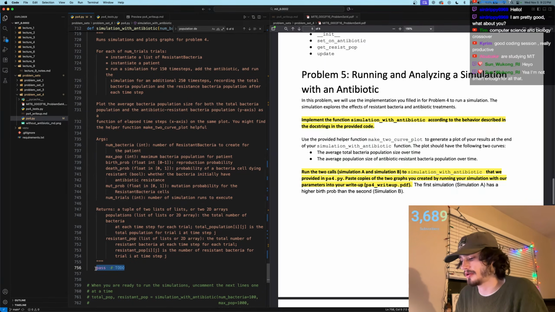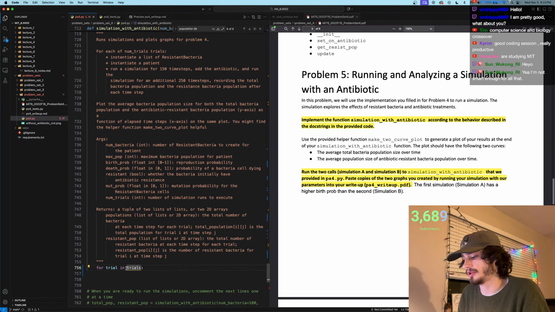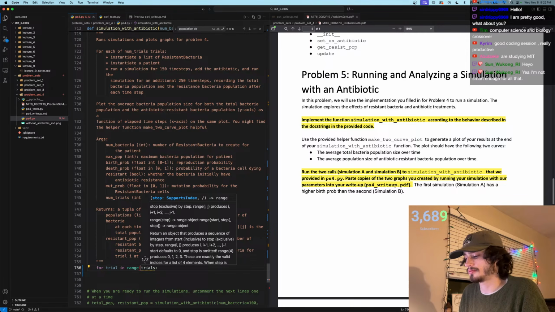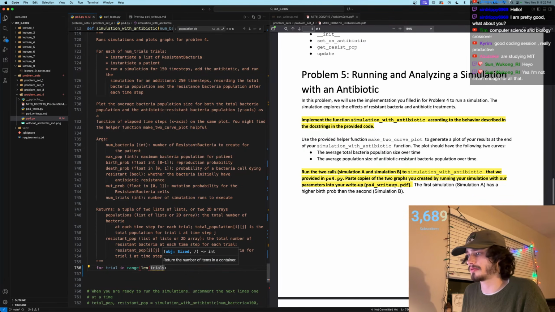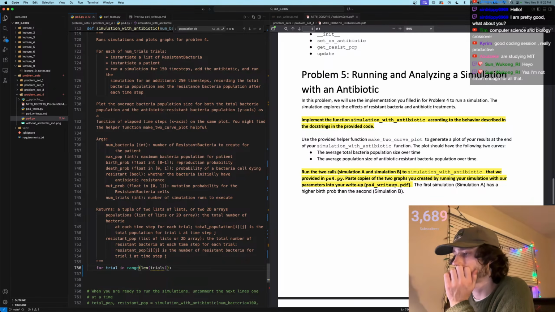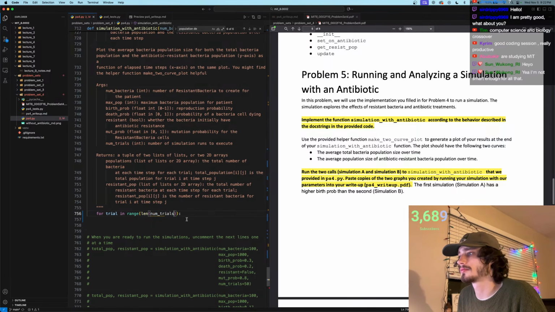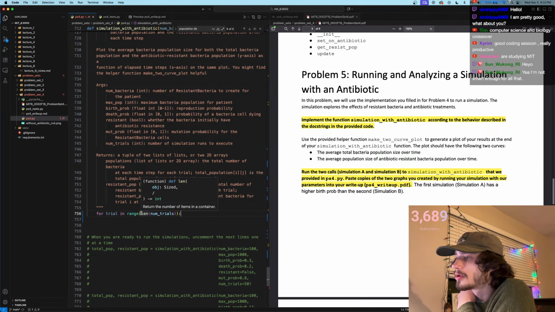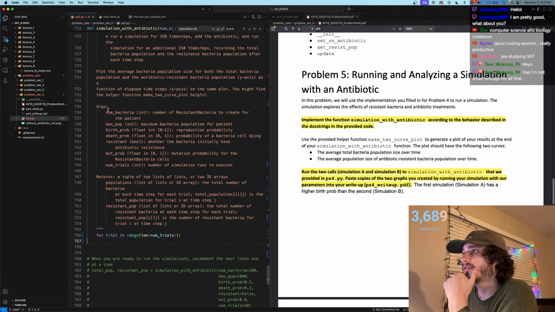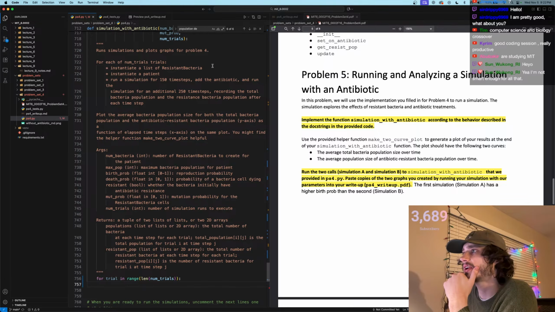Okay, so we're going to say for trial in trials in the range length of trials, num trials. Right? So we're going to loop over the trials. We're going to instantiate a list of resistant bacteria.